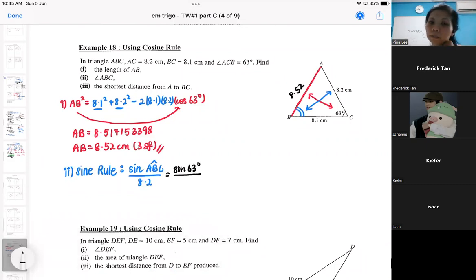If you are using the 8.52, please don't use 8.52. Use more decimal places to preserve the accuracy.